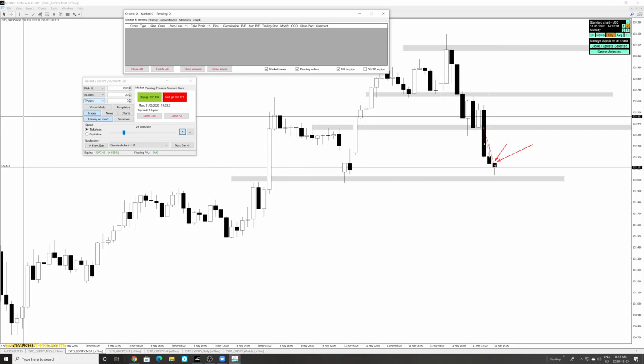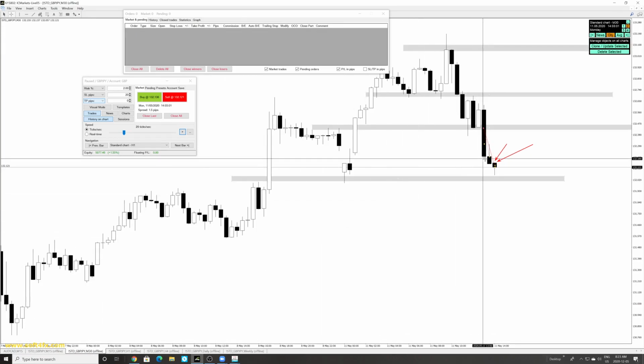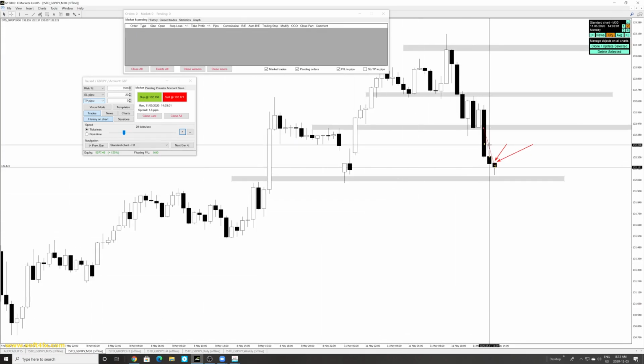Would you consider dojis on the 15-minute as important price to watch out for? Sometimes, because usually the 15-minute candle closing is just a retracement on the 30-minute or 1-hour time frame. That's all it is. When the 15-minute candle closed like this, if you look at the time over here, this 15-minute candle moving bullish was the 30-minute candle creating a top wick.